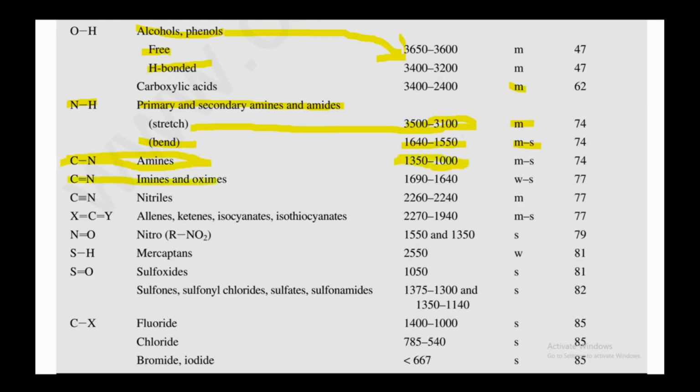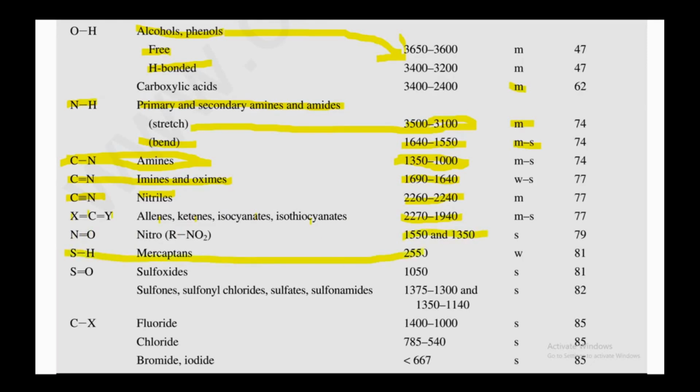C double bond N for amines and oximes gives you a peak at around 1690 to 1640. C triple bond N nitriles gives you a peak at around 2260 to 2240. XCY allenes, ketenes, isocyanates, isothiocyanates give you a peak from 2270 to 1940. Nitrogen double bond oxygen nitro group gives you a peak at around 1550 to 1350.